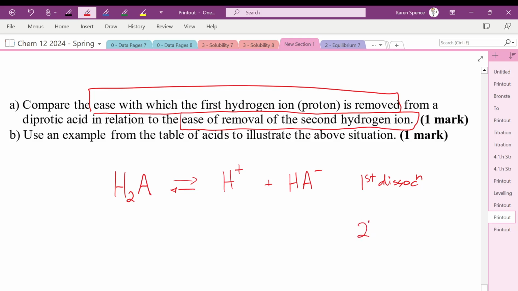What would the second dissociation look like? The removal of the second hydrogen. You would have HA negative, equilibrium arrow. Now, everyone, fill in the rest of it.